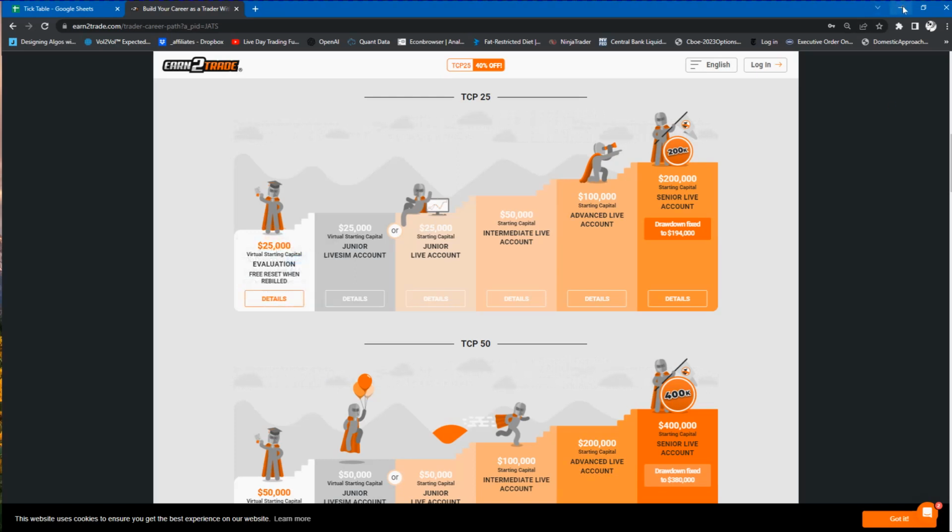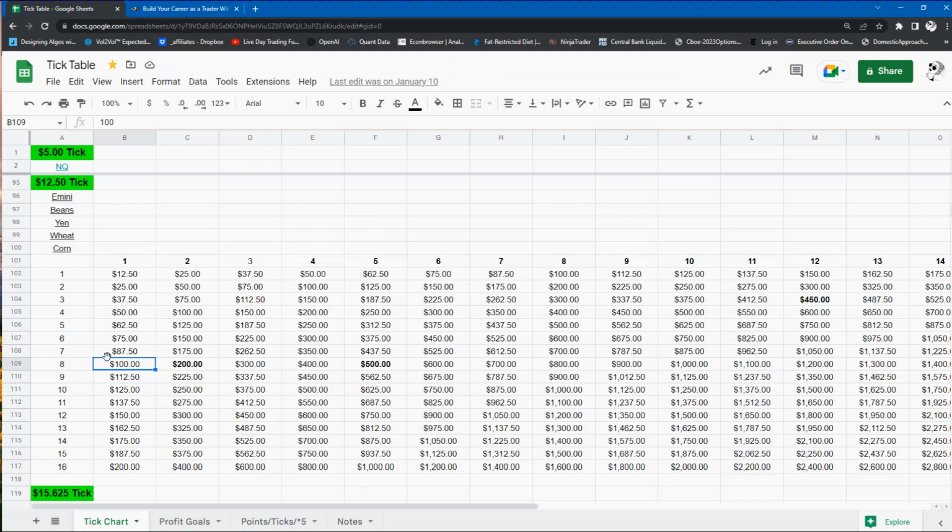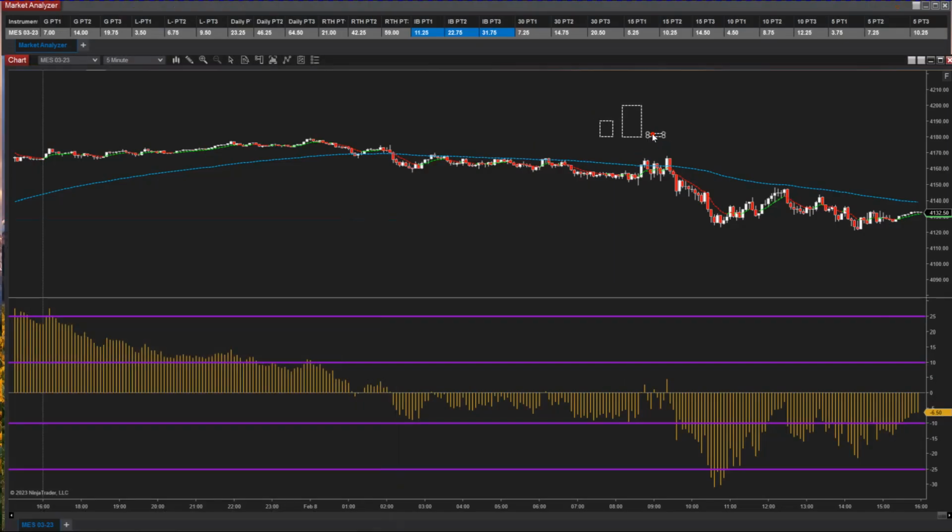Almost impossible with the E-mini to trade $100 because as we see here, that's 8 ticks. That's 2 points. And extremely difficult to manage risk successfully over 15 days with 2 points of risk. In fact, it's going to be damn near impossible.